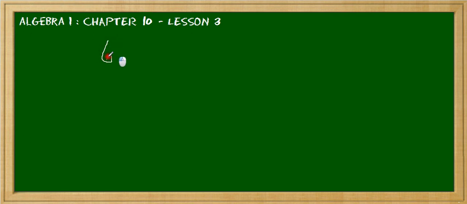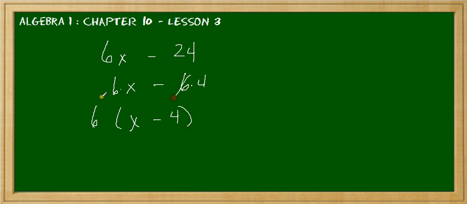Because if we looked at 6x minus 24, there's no x here, so there's no x factor to be common. But we know we have a 6, and this would be 6 times 4, right? So we have 6 times x. And so that means we can factor out a 6. We can actually write this as 6 times x minus 4, right? Because we're factoring out the 6 and we're left with x minus 4.